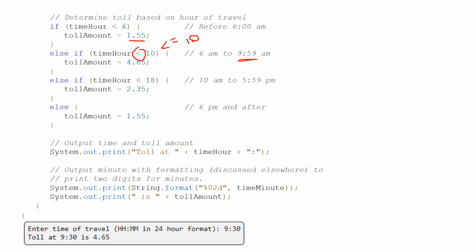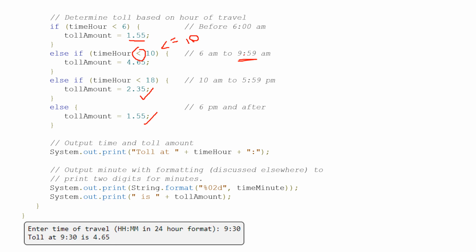If it's less than 18, like 6 in the evening, so from 10 in the morning to 6 in the evening, then it's this amount, and for the rest of the time it's just $1.55.